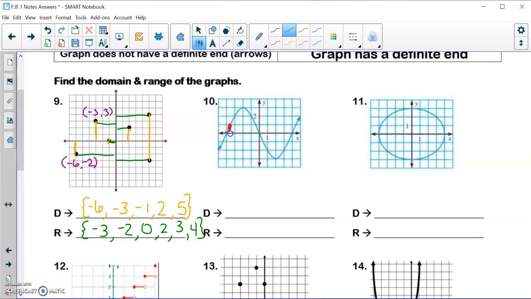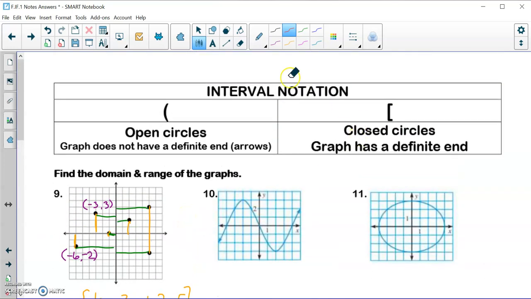Could be this point here, which is an x value of -3.5, or -3.1, or -3.2. So it would take our entire life if we just listed out all the possible x values in set notation form. So there's where interval notation comes into play.